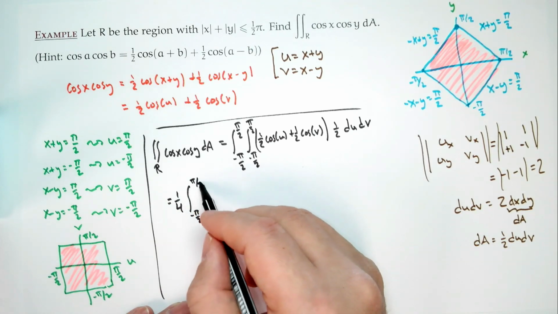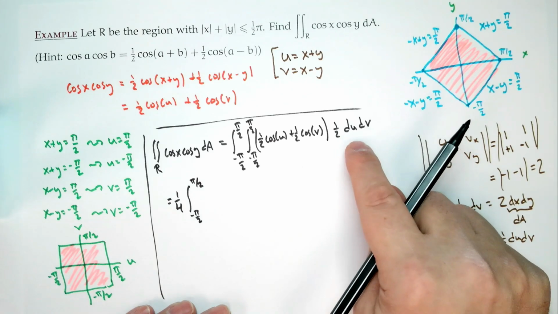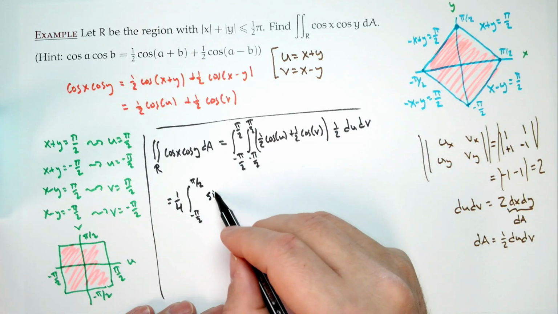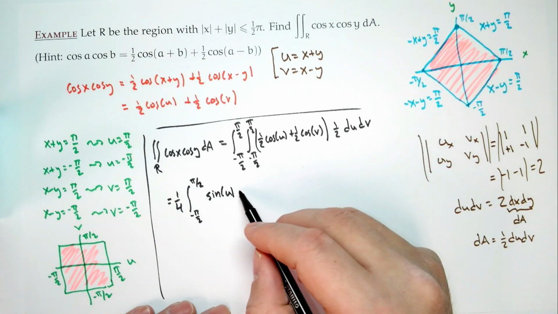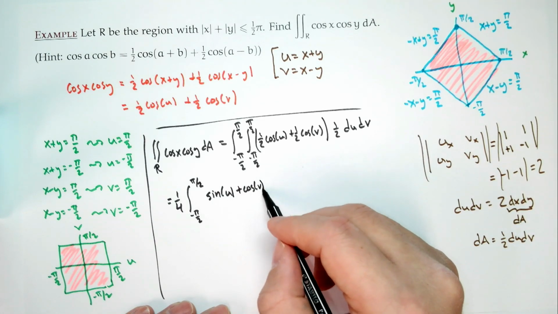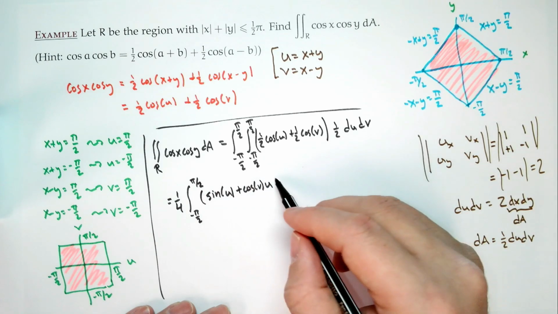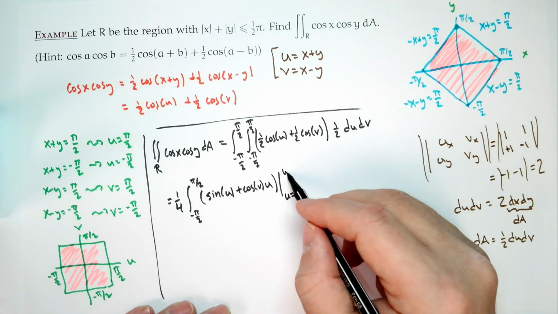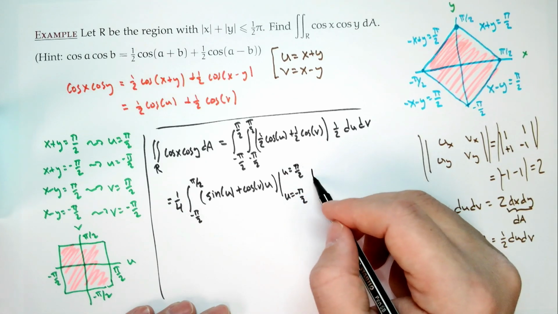When you integrate with respect to u, the integral of cosine becomes sine, and then plus cosine of v times u. That's evaluated from u equals negative pi halves to u equals positive pi halves, dv.